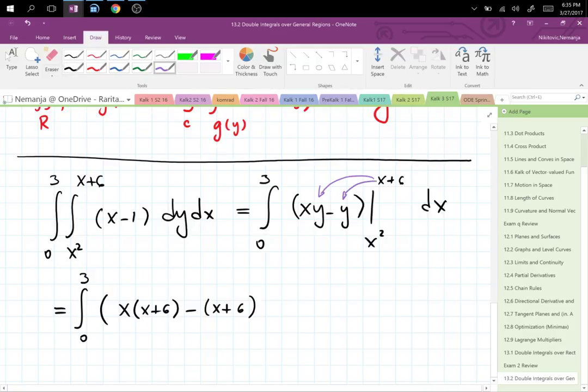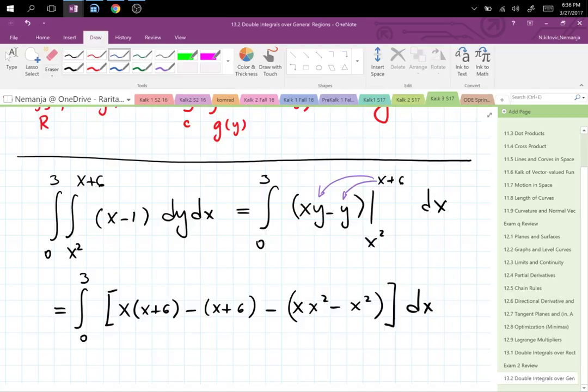So that's the first. And then minus the lower, right? So minus x times x squared minus x squared dx. Let's use the square brackets. So do we see that the upper minus the lower? Everyone?